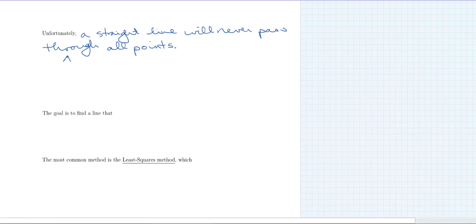Okay, so if you need a visual, here's a graph, here's a bunch of points. This time I'll draw one with a negative association.